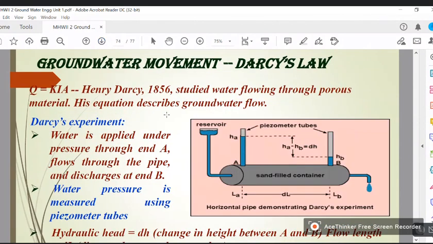This is an experiment conducted by Henry Darcy in 1856. He studied water flowing through a porous material. He considered a container filled with sand and connected a reservoir to it, and in this reservoir the water level is maintained and there is an outlet. So water is flowing through this.